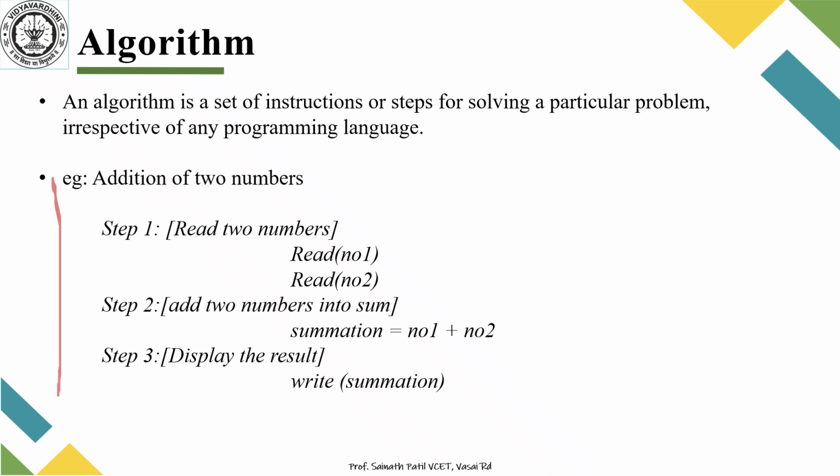It is written in three steps. Step one, read two numbers, that is, read number one and number two. Then add these two numbers, that is represented by sum equals number one plus number two. And display this result, that means write the sum.